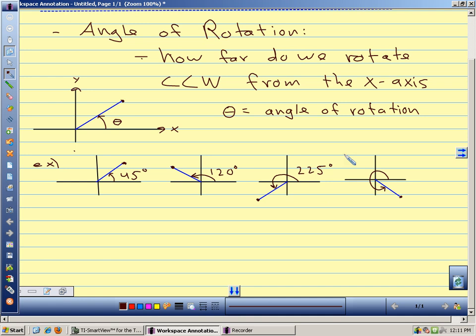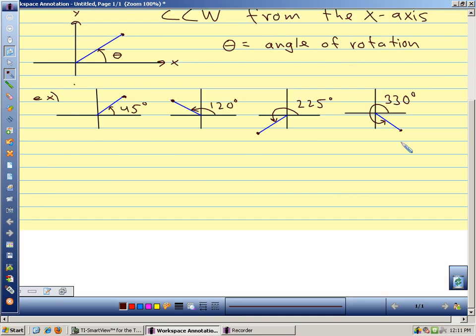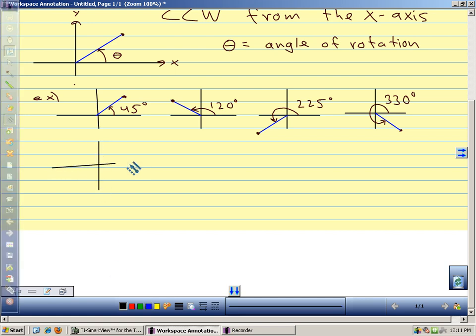And we could say that angle of rotation is, say, 330 degrees. We can keep rotating around. We don't have to stop at 360 degrees. We can keep going. So if we keep rotating around this way, we could have an angle that's bigger than 360 degrees.